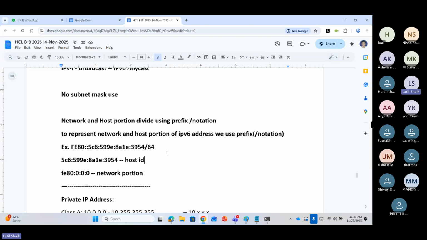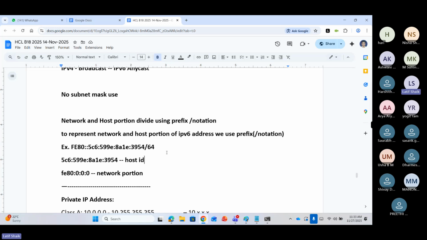The next 64 bits belong to the host portion. If 64 bits are host portion, it means 2 to the power of 64 is the number of hosts we can connect in the network.